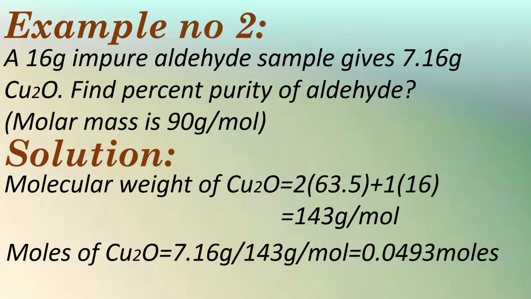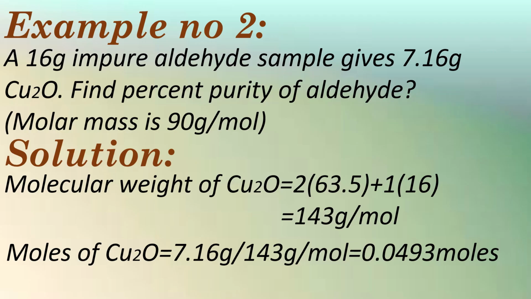Solution. First, we will calculate molecular weight of copper 1 oxide is equal to 2 is the number of copper atom into 63.5 is the atomic weight of copper plus 1 is the number of oxygen atom into 16 is the atomic weight of oxygen. After solving, molecular weight of copper 1 oxide is calculated to be 143 gram per mole.